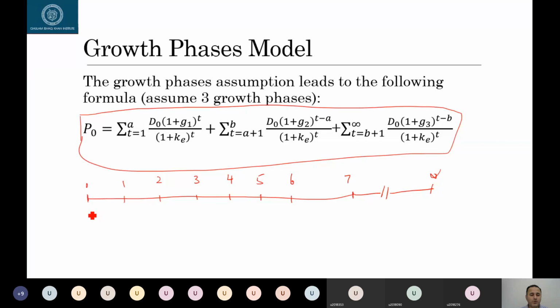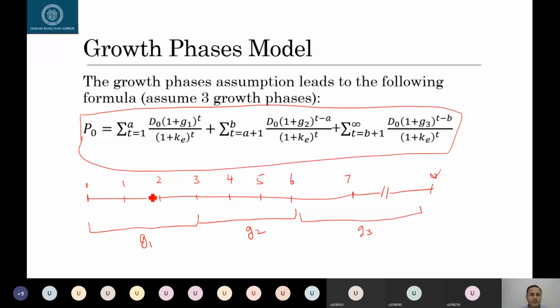Okay, so assume, let's say, in the first 3 years we have growth G1, and then in the next 3 years we have growth, let's say, G2, and then in the last phase we have growth G3.